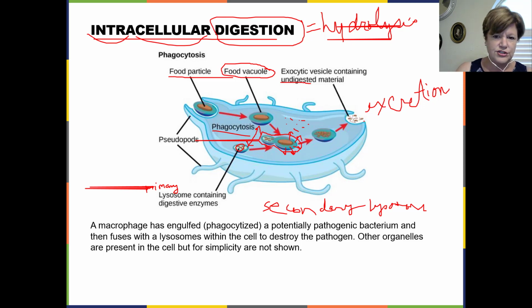So still a fusion of a vesicle to the plasma membrane to release the waste. So secretion is when a cell releases something by exocytosis, but it's something good and useful like insulin. The cell made it, and then it needs to be released so it can move somewhere else in the body. Excretion is waste. It's typically connected to release of waste.